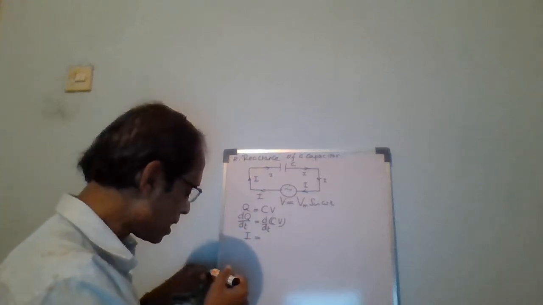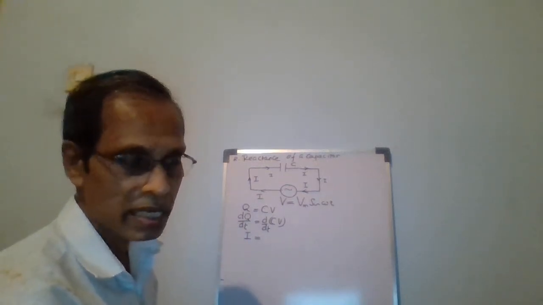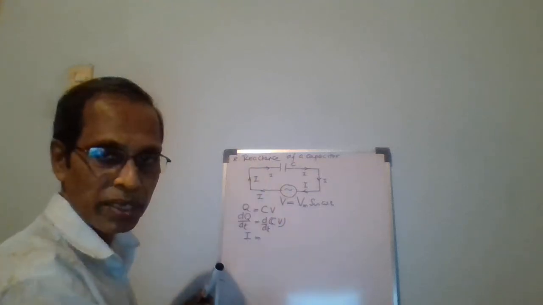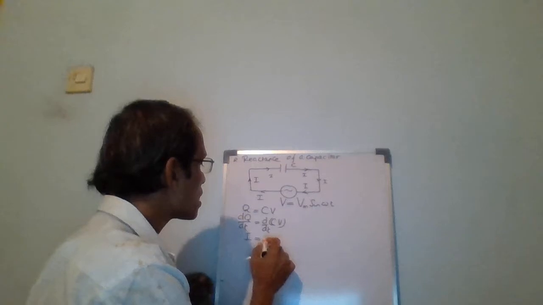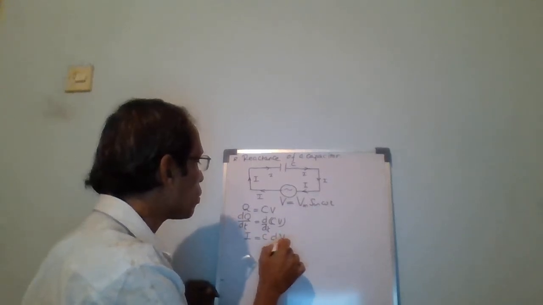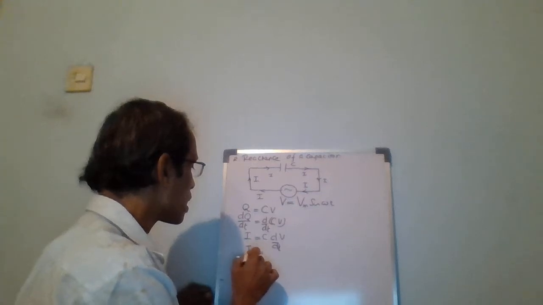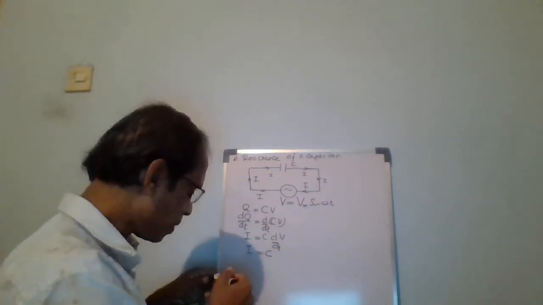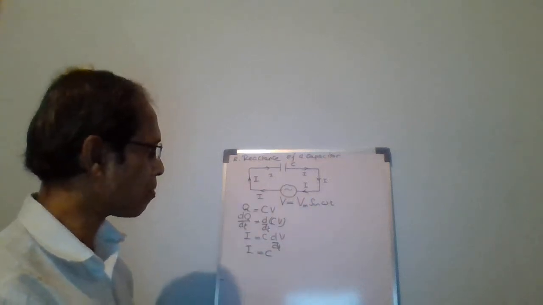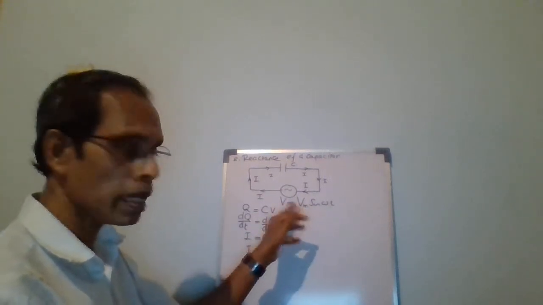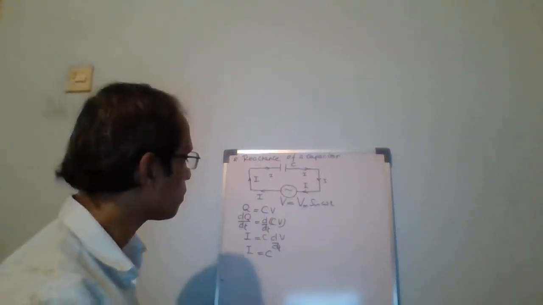Now, in CV, C is called capacitance. C is constant for a given capacitor, so we can take C out: C dV over dt. What is V here? V is supplied by this voltage source. It's a variable sine curve, Vm sine omega t.